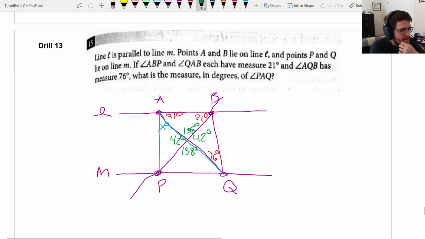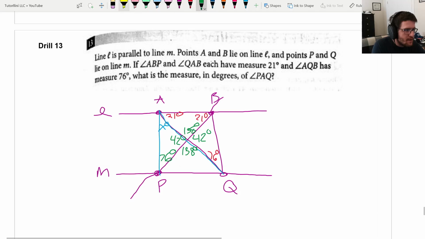I'm trying to think what my reasoning is. Like how can we use parallel lines? I'm not sure. I'll have to come back to that.